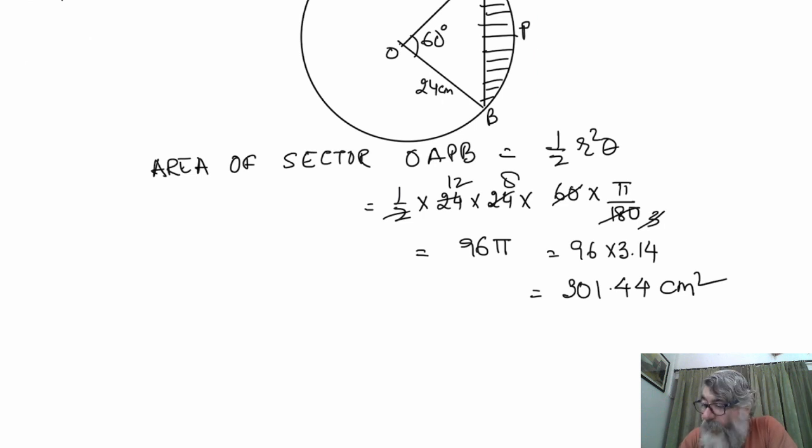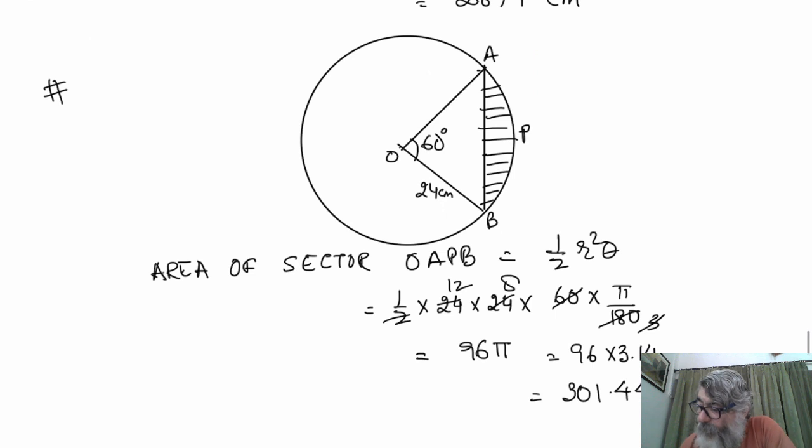Now, how to calculate the area of the triangle? For the area of the triangle, let me drop a perpendicular from O to this. Suppose this is L. OL is perpendicular to AB.